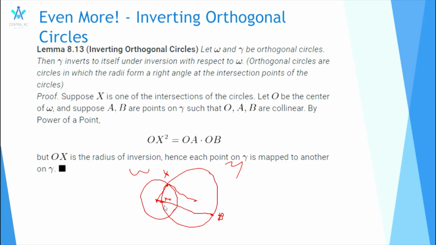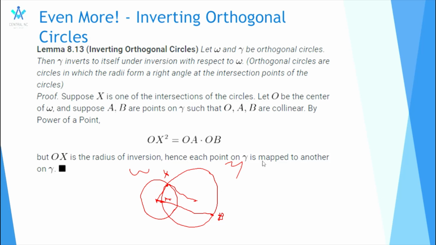So A prime is actually B. A is inverted to B, and similarly B is inverted to A. That means each point has its inverse on the circle, so we're essentially just inverting gamma to itself.